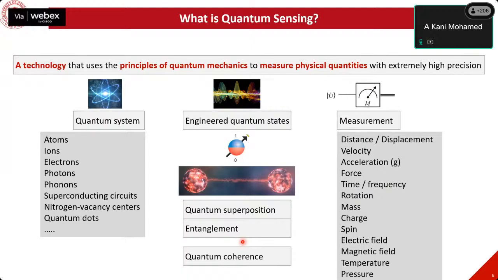So this sensitivity allows us to measure physical parameters such as distance, displacement, velocity, acceleration, force, time or frequency, rotation, mass, charge, fields, electric or magnetic field, and temperature. There are plenty of things that we can measure if this quantum coherence is affected by one of these. So the measurement will lead to measuring physical properties with an enhanced sensitivity because these are highly sensitive to these physical parameters.